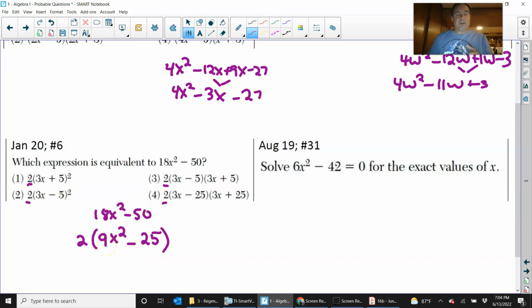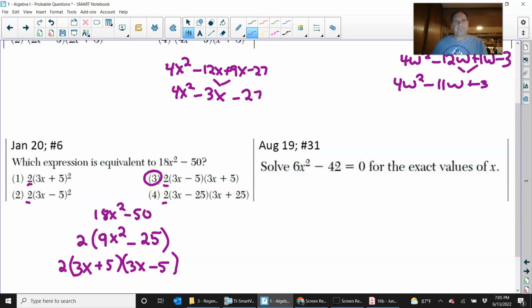But remember, this right here in parentheses is the factor of perfect squares, factor of squares. So we have 2 on the outside, and we're going to put this as the factor of squares. We're going to put 3x times 3x, because that's 9x squared. And what times what equals 25? Plus 5, minus 5. So this is your answer.